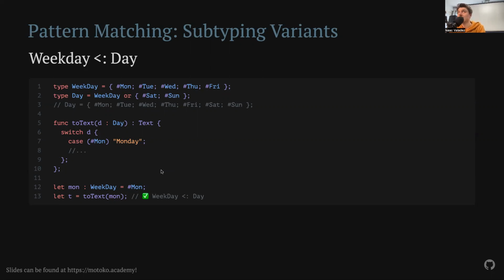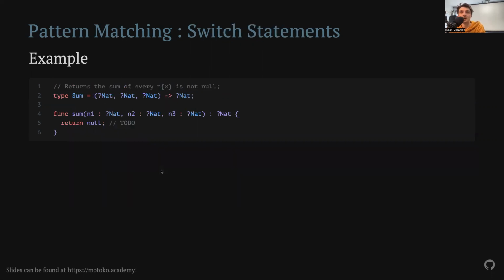So that's one type of pattern matching. Another one is, let's say I want to return a function of the following type. I put in an example that's not implemented. Let's say I want to return the sum if the three values I pass to it are not null.